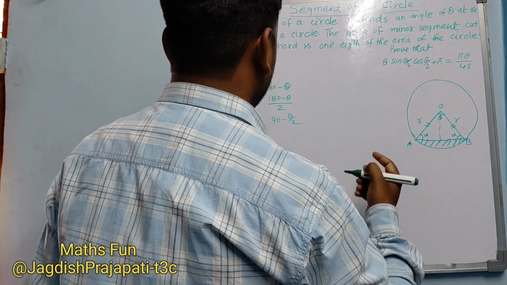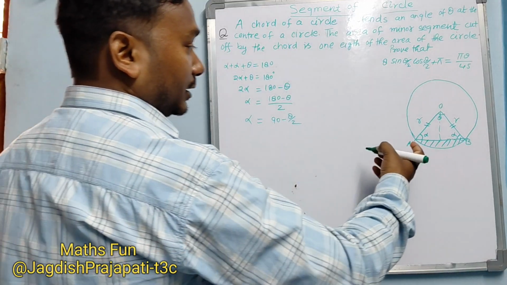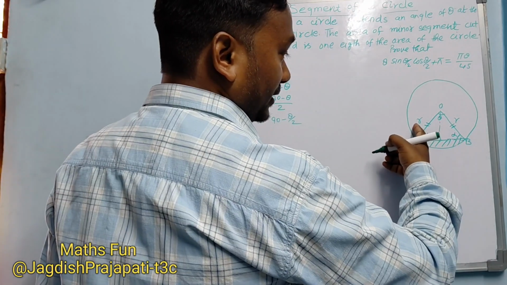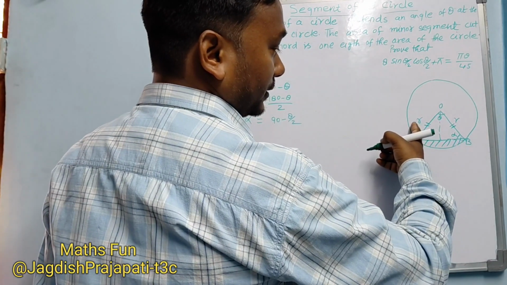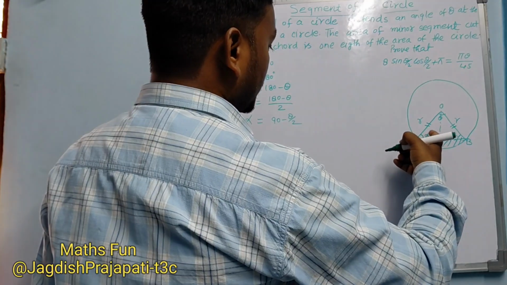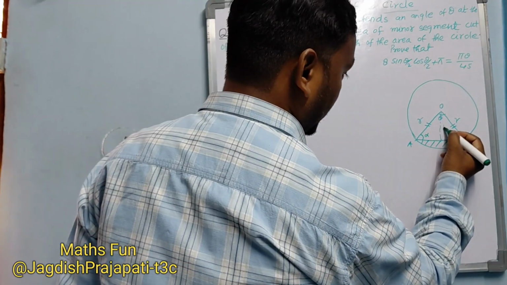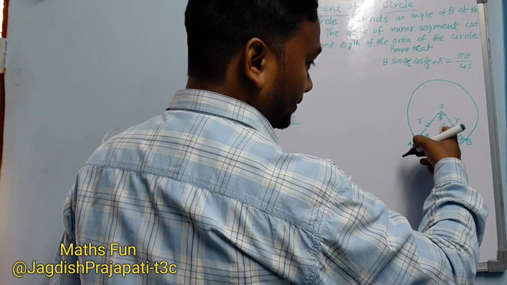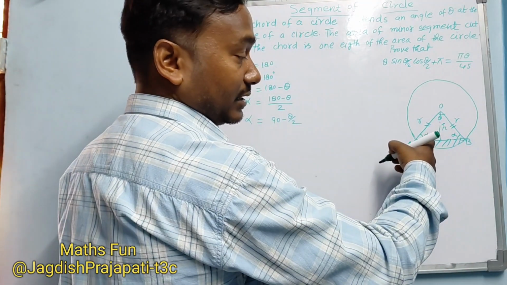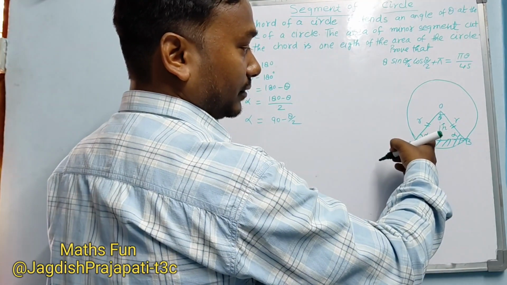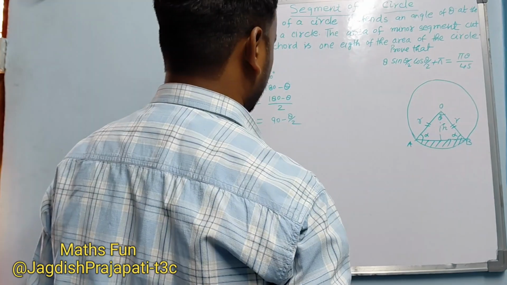So let this height be h. This height is perpendicular for this angle alpha, and this will be the hypotenuse.